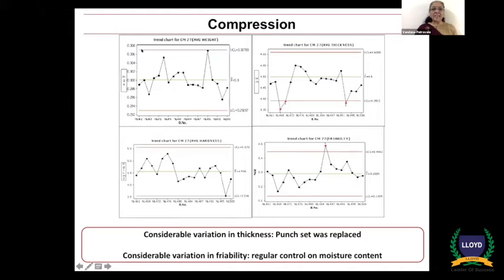In fact, these red lines are the in-house limits. And in some of the cases, the results are going outside the specified limits. So you know that if thickness changes, definitely the hardness will change. If hardness changes, all other related parameters will change. Here, in one case, even the friability of the batch was failing.